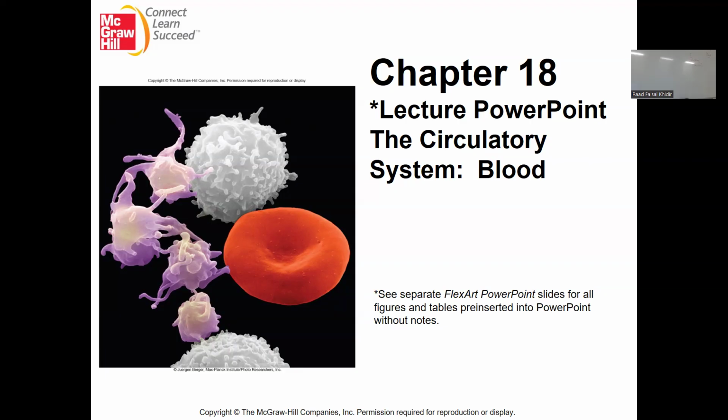Water, nutrients, gases, oxygen dissolved in blood plasma, carbon dioxide, nitrogenous waste, metabolic waste, hormones. So everything else is gonna be in that blood plasma, that 55%.